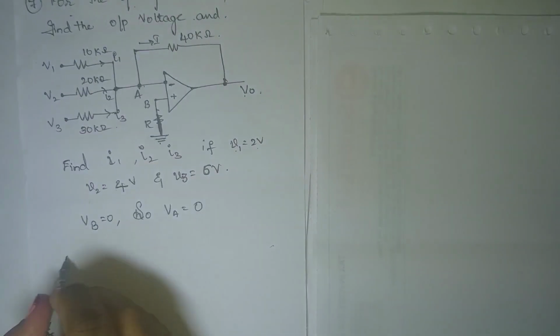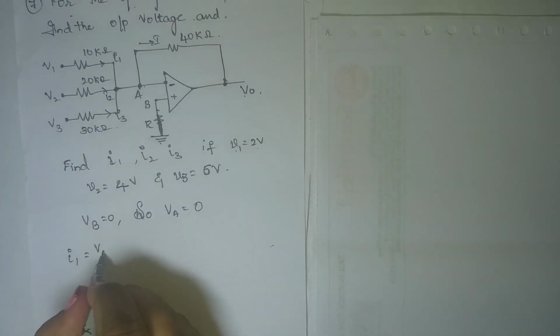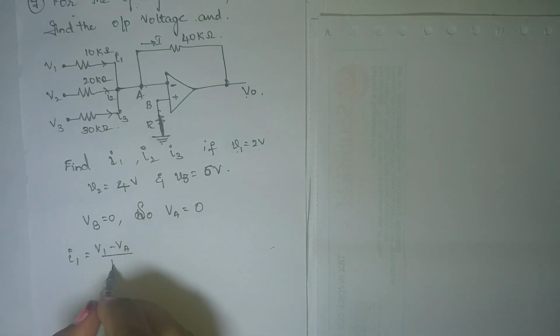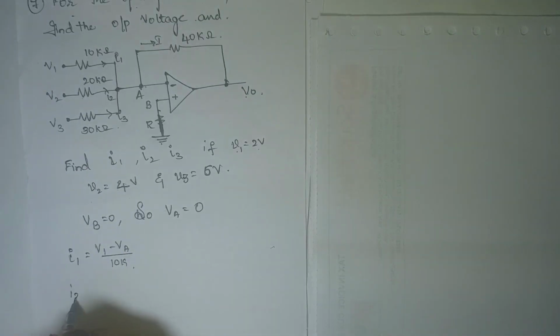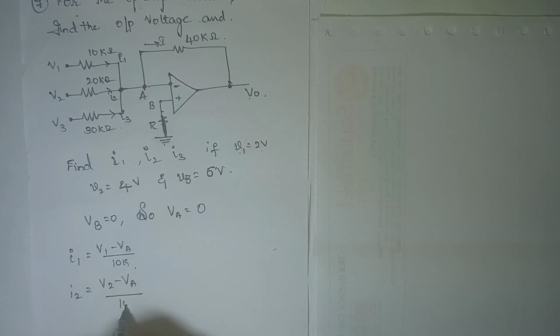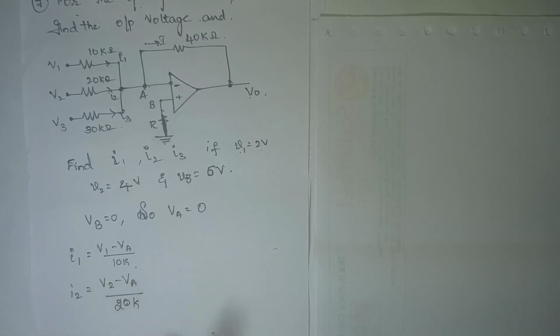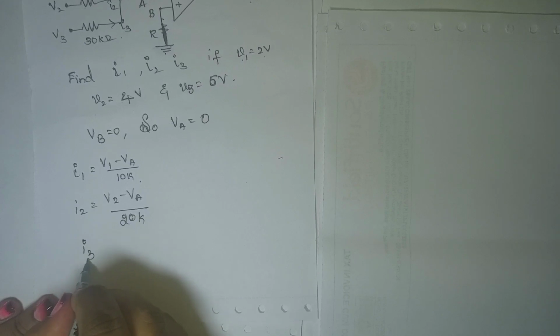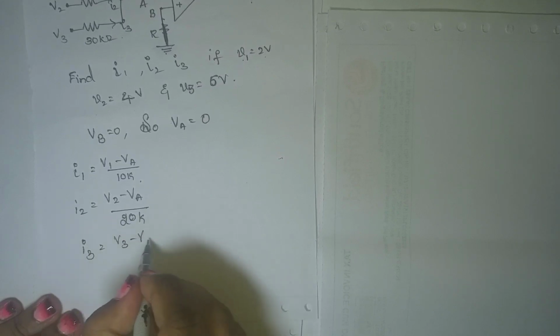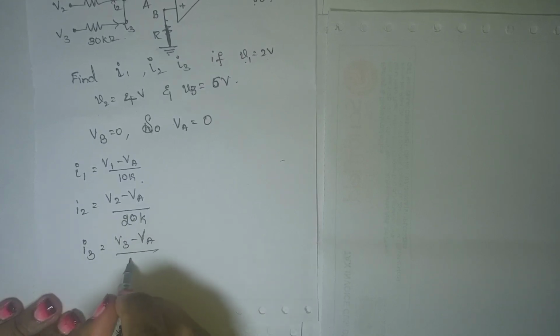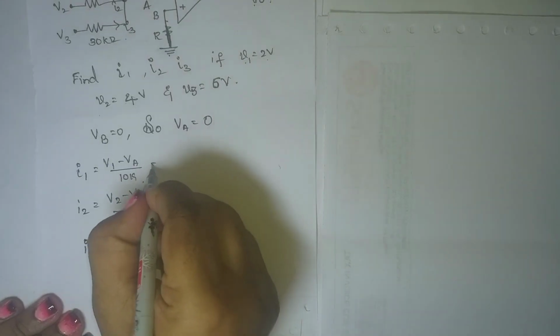I1 can be defined as V1 minus VA divided by 10K. I2 is equal to V2 minus VA divided by 20K. I3 is equal to V3 minus VA divided by 30K.